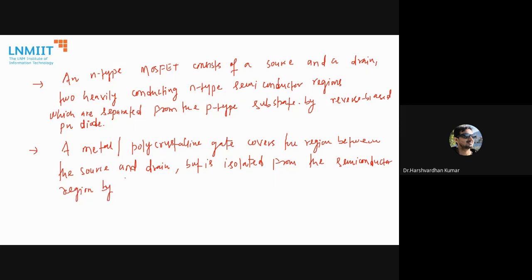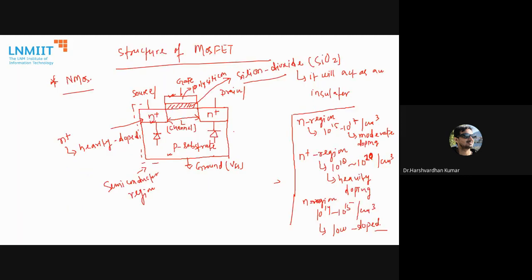Gate oxide means silicon dioxide. You can verify it in the structure. This is the polycrystalline metal contact, separated from this semiconductor region by the silicon dioxide insulator.